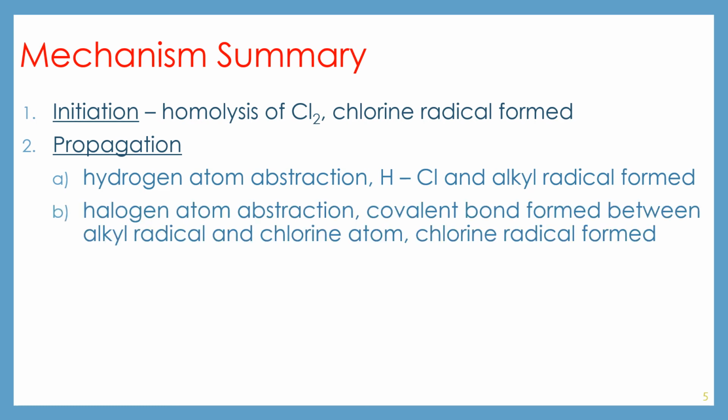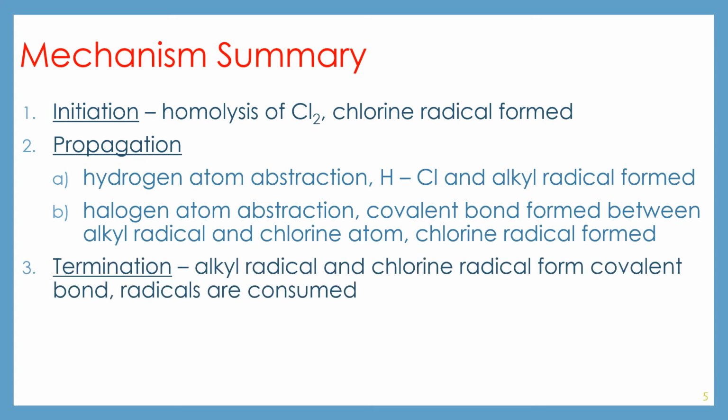We can also have a halogen atom abstraction, where the covalent bond is formed between the alkyl radical and the chlorine atom, and another chlorine radical is formed. And then we also have termination reactions, where the alkyl radical and chlorine radical form a covalent bond, and the radicals are consumed.